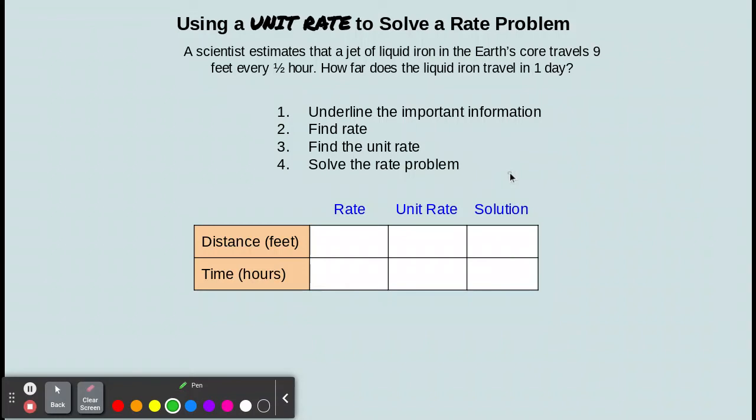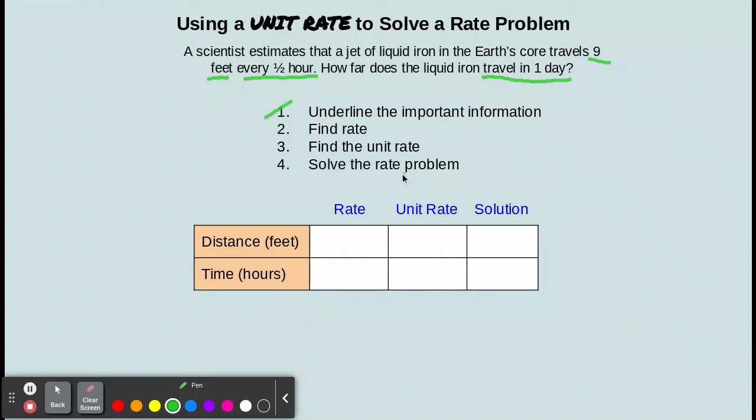Okay, so the first step we need to do is underline the important information. The scientist estimates that a jet of liquid iron in the Earth's core travels 9 feet every 1/2 hour. And the question is, how far does it travel in 1 day? Okay, so those are all the important information.